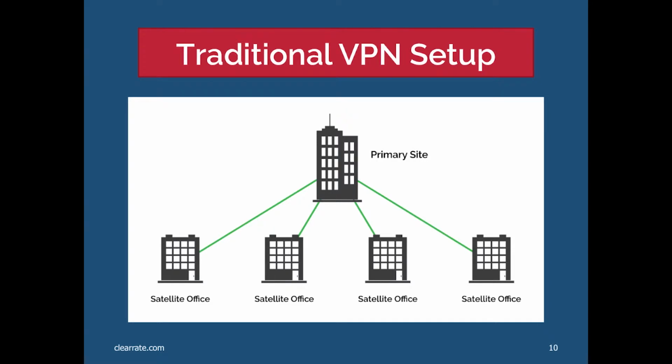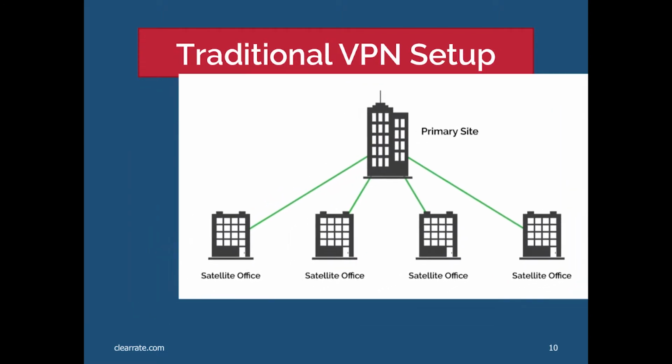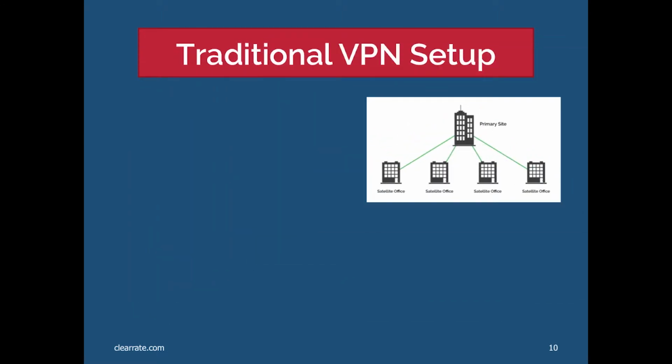So how does this compare to a traditional VPN setup? Well, in many corporations, what they do is they buy VPN appliances at every site, and then they point them back at a big one at the primary. So you'll have one link, one link, one link, and they all come back to the primary. This has some advantages, namely, it's relatively simple to configure.